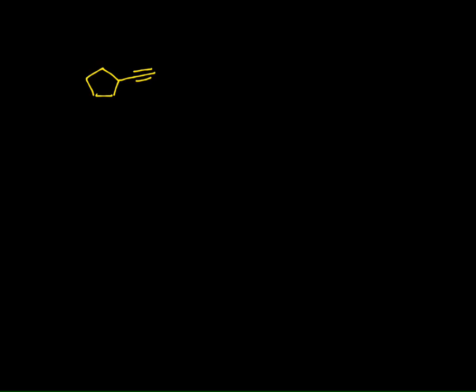Another example is where I have a ring. When you have a ring and an alkyne coming off of the ring, there are a few ways that you could name this. You could name this as a derivative of acetylene, a cyclopentyl derivative of acetylene, so you would name this cyclopentyl acetylene. But remember, acetylene is a common name.